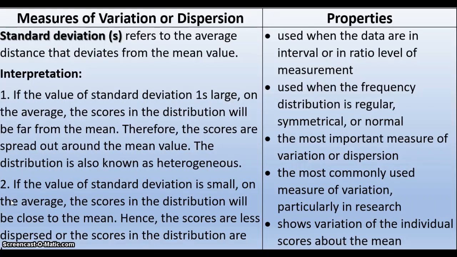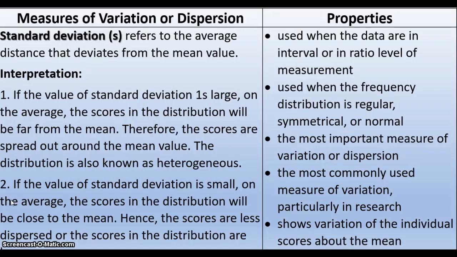So again, you have to remember the interpretation. Number one, if the value of standard deviation is large, on the average, the scores in the distribution will be far from the mean. Therefore, the scores are spread out around the mean value.